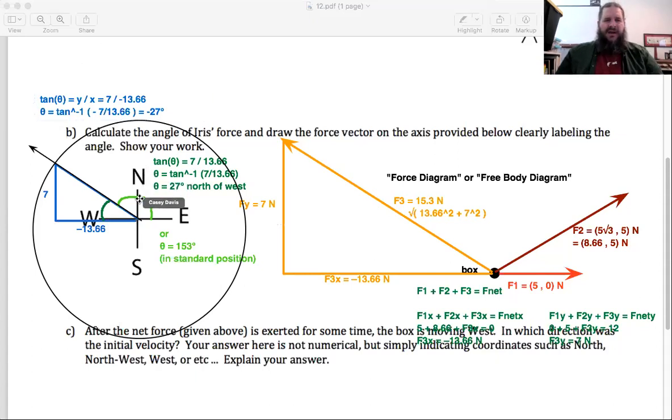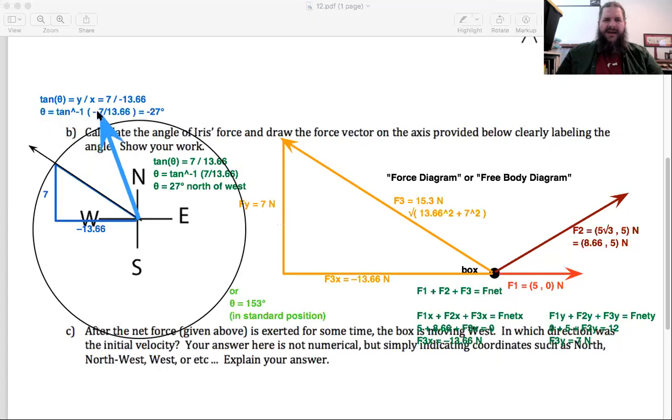And if you take a look at the negative 27 degrees on this diagram, we're measuring these angles relative to the positive x-axis. So this direction would be 0. And we're measuring it counterclockwise.